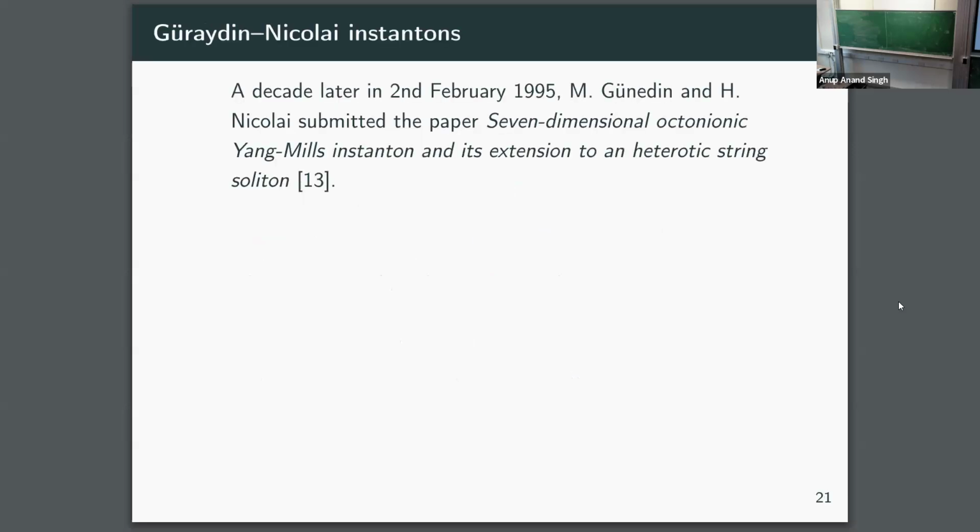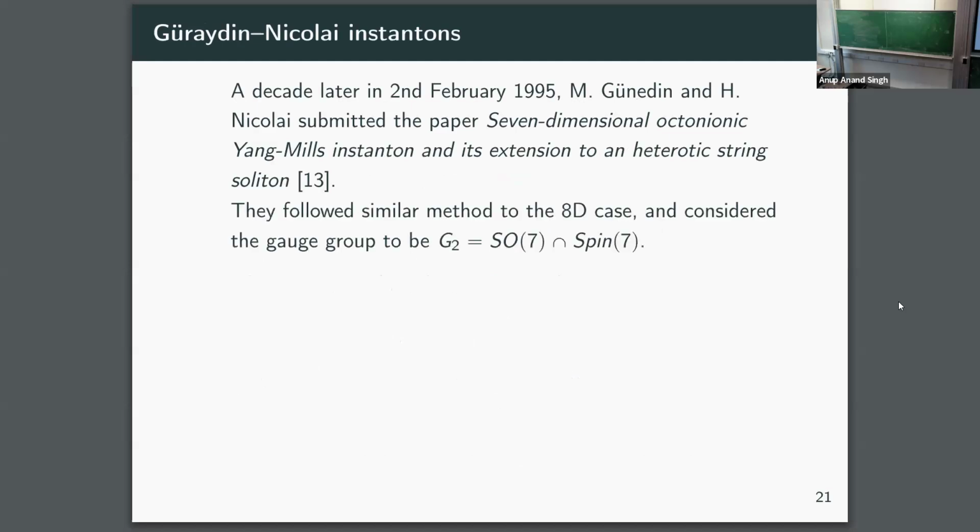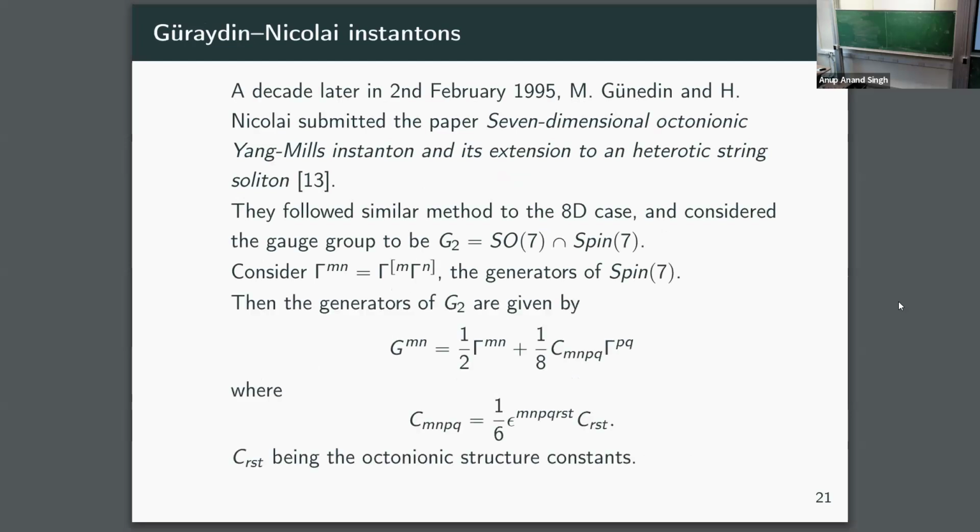And then it actually took almost a decade for Günaydin and Nicolai to do the same thing for dimension 7. And they, of course, considered the gauge group to be G2. And exactly the same way they considered the generators of Spin(7) and then projected them to G2 by this projection formula. And so that's the generator of G2. And then you have the structure constant C_MPQ.